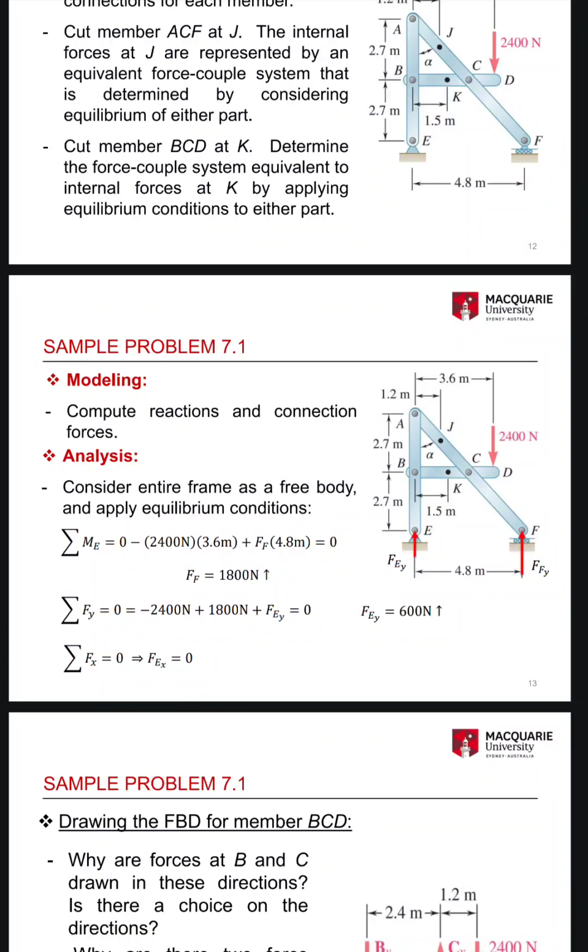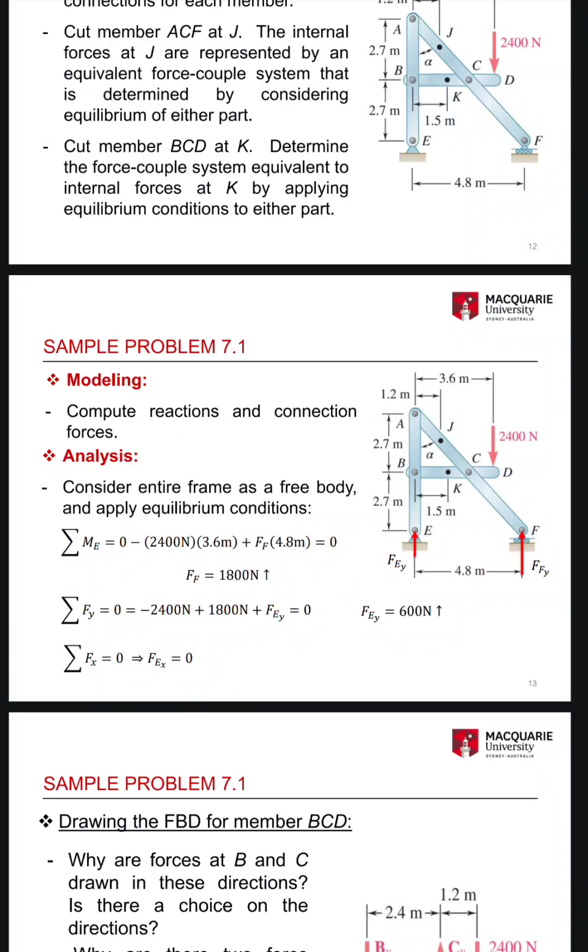Sum of moments about E equals 0: minus 2400 Newton times 3.6 m plus F times 4.8 m equals 0, so F equals 800 Newton.